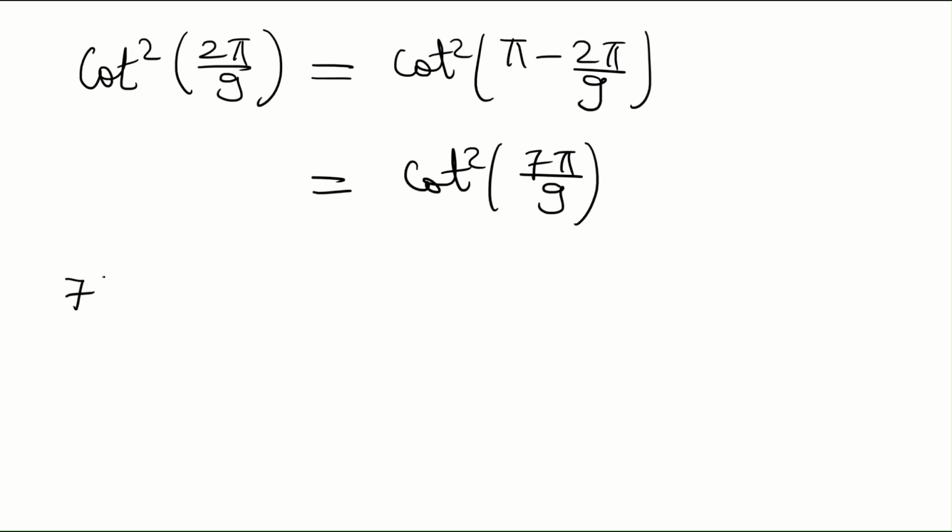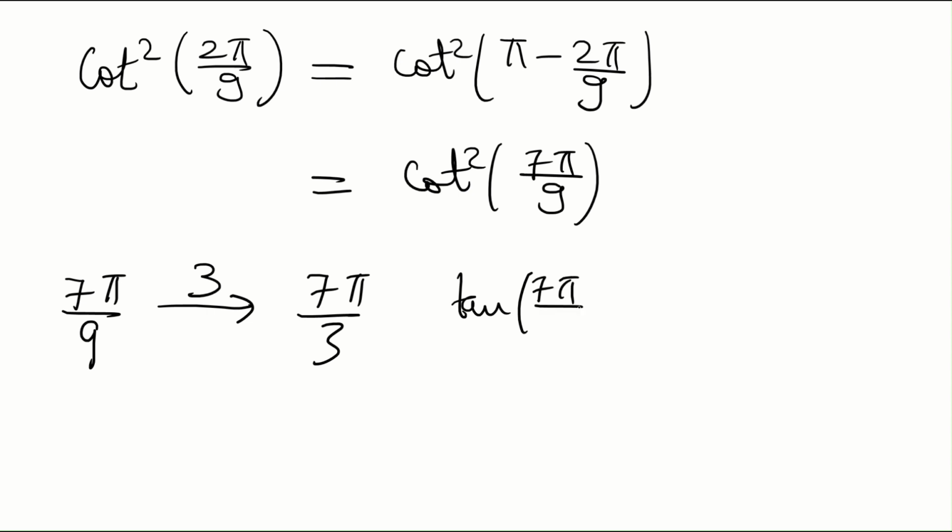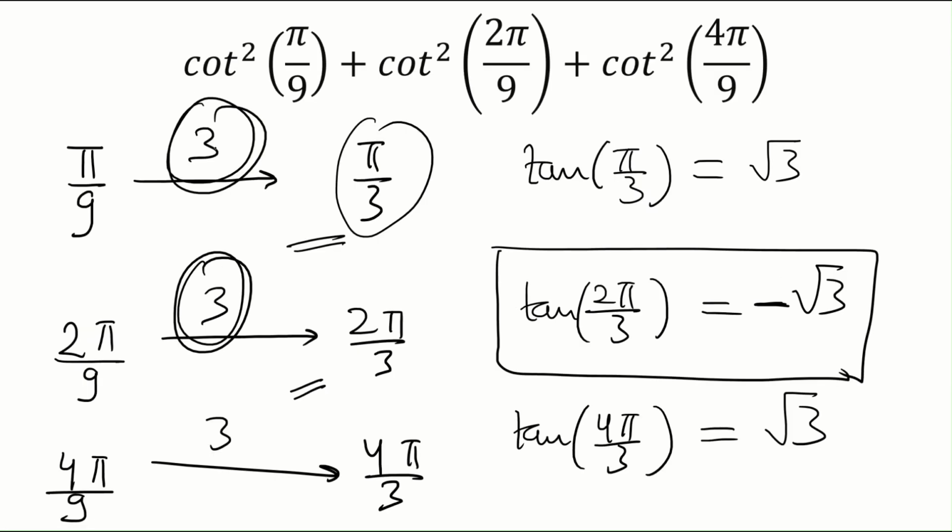The reason is that if you multiply 7 pi over 9 by the factor of 3, you get the angle 7 pi over 3. And the amazing thing about this angle is that its tangent is also coming out to be square root of 3. So we have the established pattern: multiply each angle by 3, take tan, and we get a nice square root of 3 in all three cases.